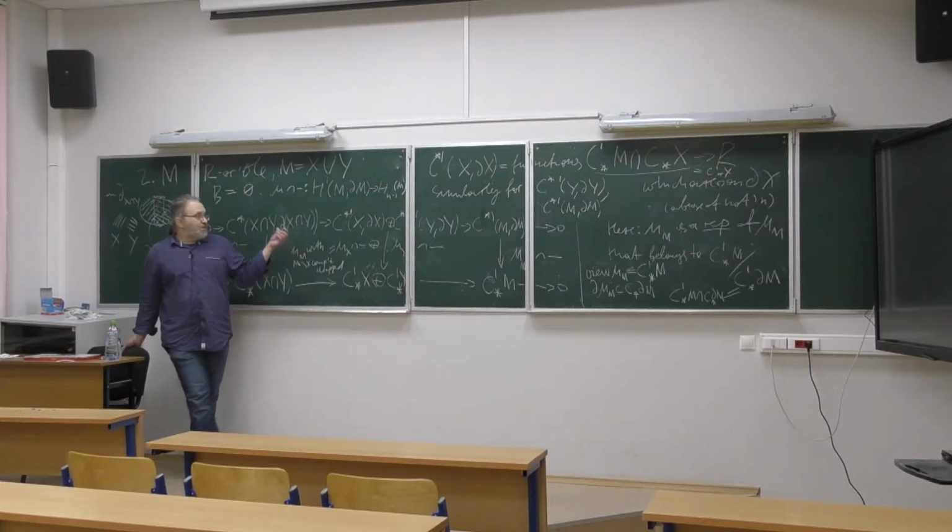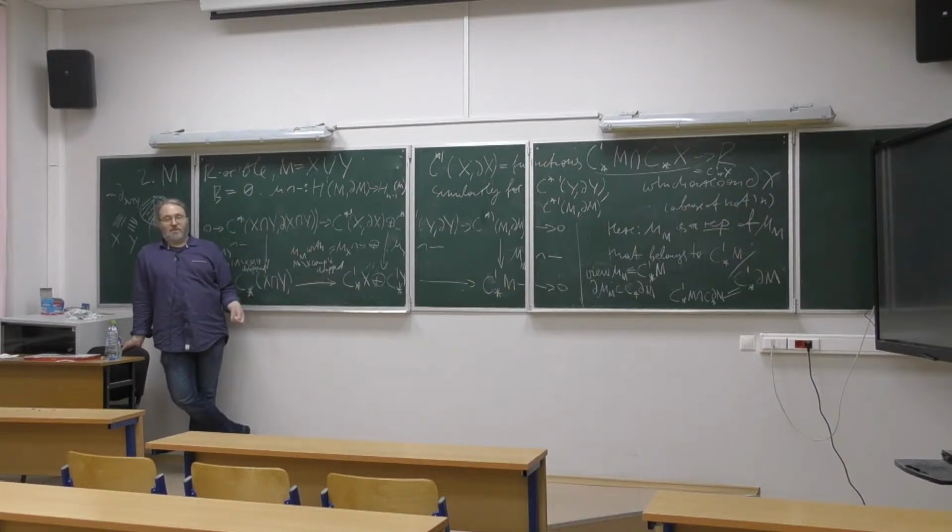Okay, but anyway, this is the inductive step, which allows one to pass to the union if we know that the theorem is true for the intersection and for each submanifold individually.